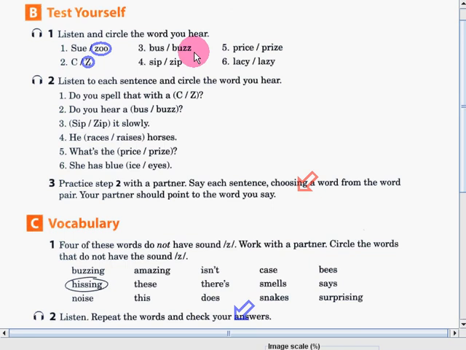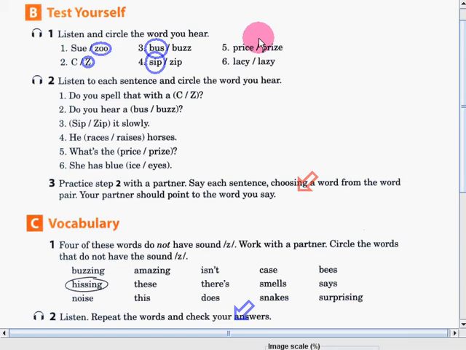Number 3. Bus. Good job. Bus. Number 4. Sip. Very good. Sip. Number 5. Prize.